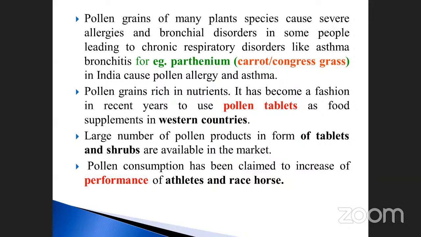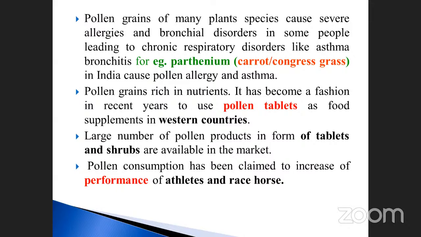Another category is that pollen consumption has been claimed to increase the performance of athletes and also race horses. The race horses, as well as athletes, use pollen grains for their performance.